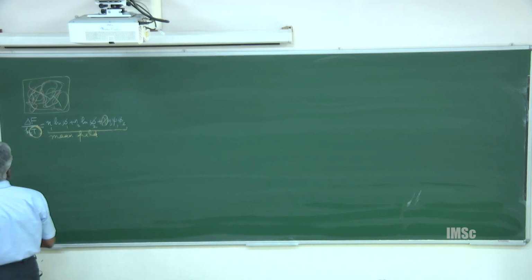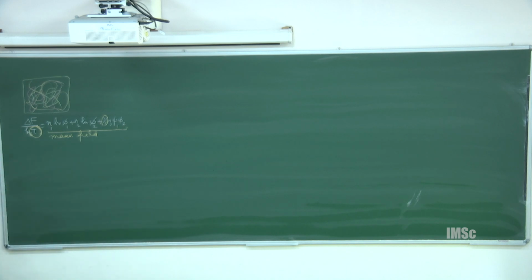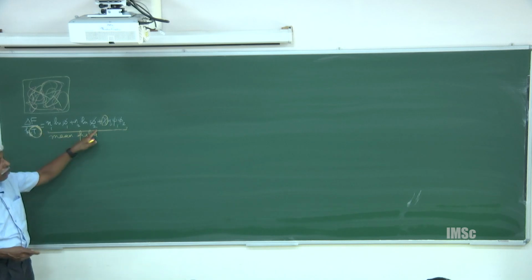Right. So we did this here, as Sandeep is saying, we did not account for any fluctuations. We placed them randomly and counted the number of ways of placing them, and that gave this entropy of mixing, which always favors mixing.